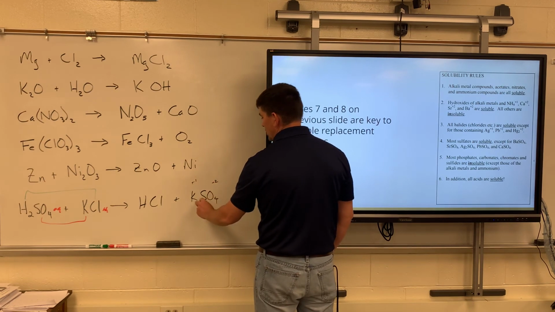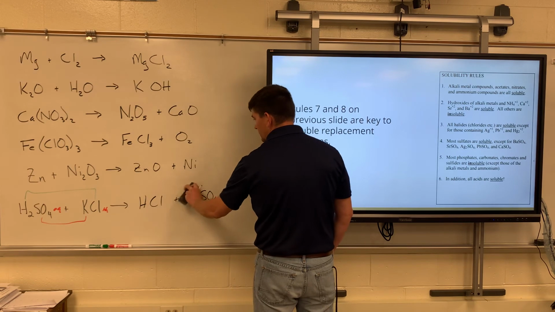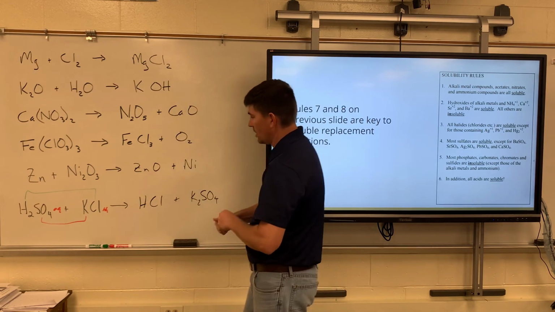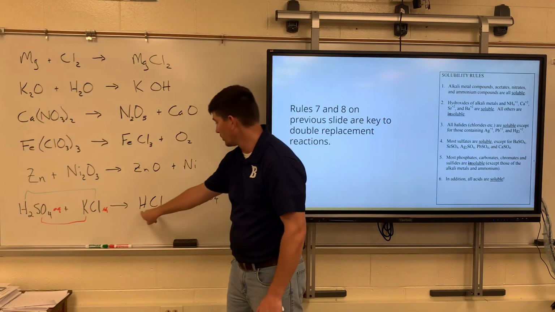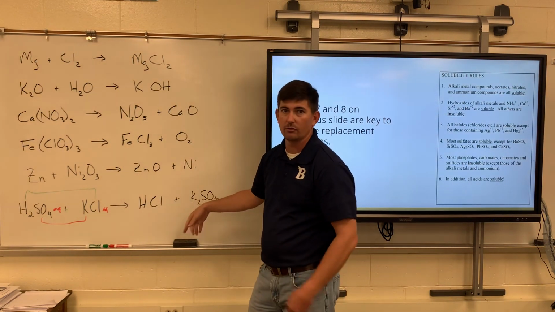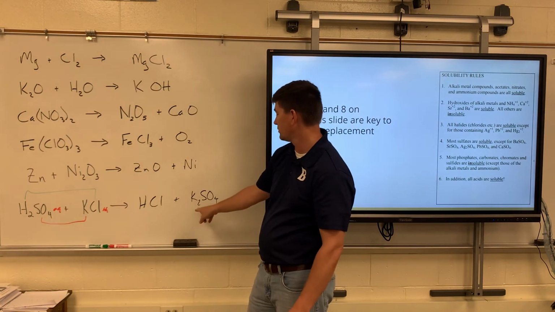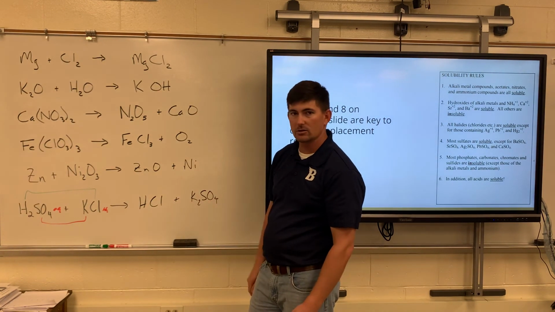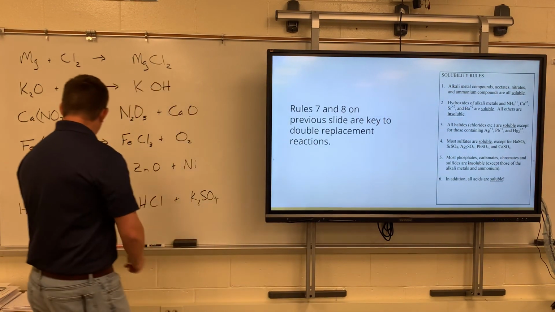So when I swap and drop there, I get K2SO4. Once again, I'm not trying to take numbers from this side over to this side. We're not balancing the equation here. We're writing each formula correctly. What's the formula for potassium sulfate? It's K2SO4.